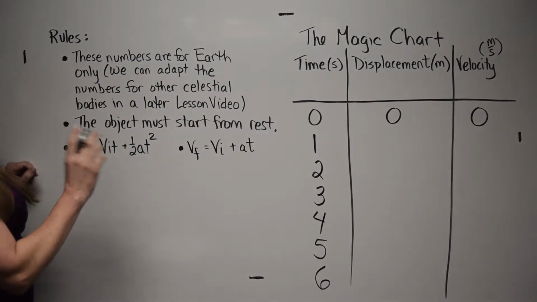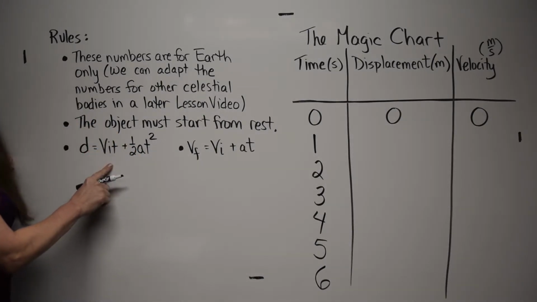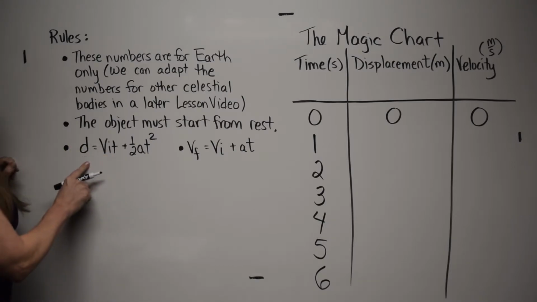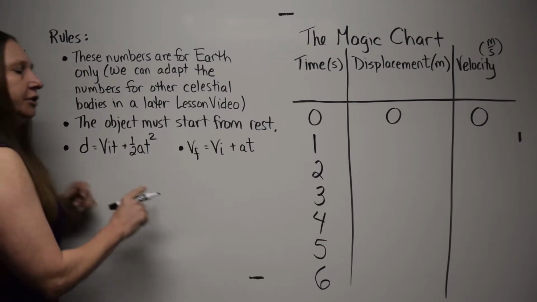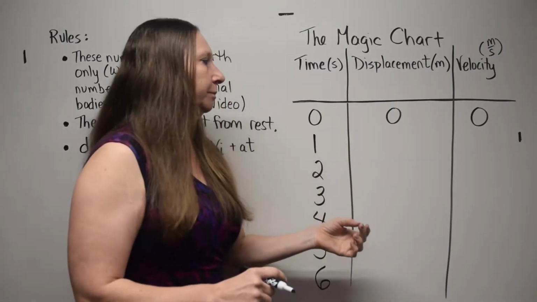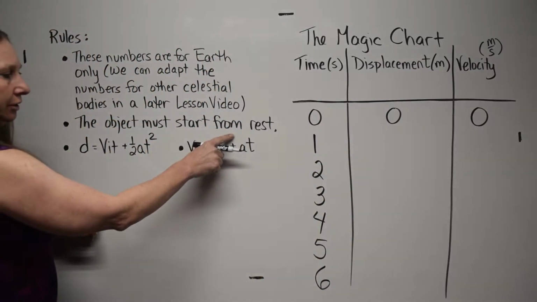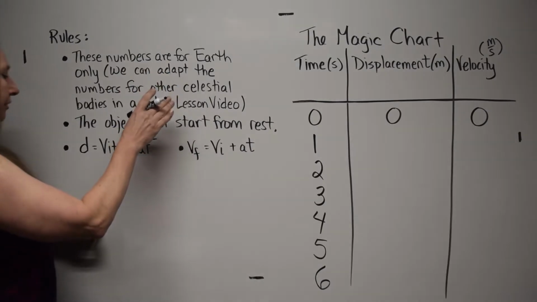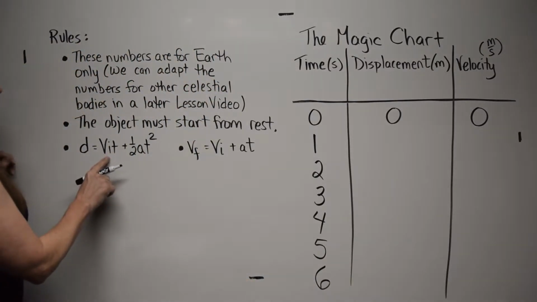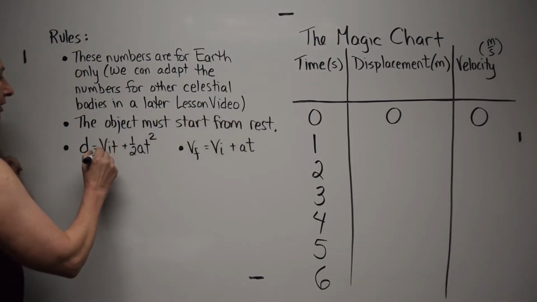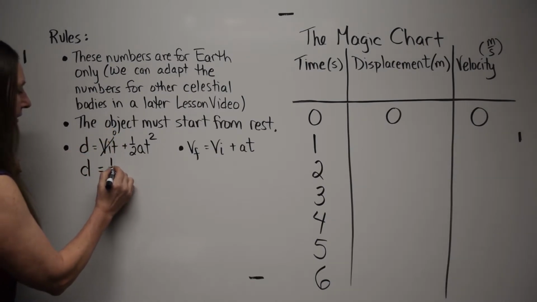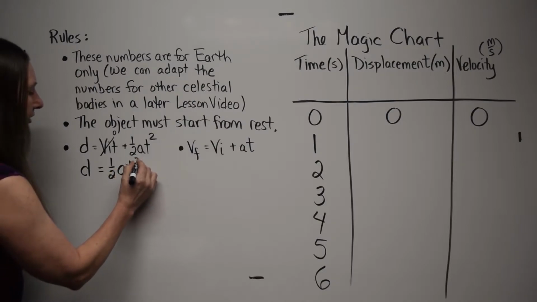Now, you've got an equation on your reference tables. It's on the mechanics page, the displacement equation. Here it is. We can use this equation to figure out how far down an object falls when it's dropped from rest on or near the surface of the Earth, how far down it falls each second. Since it starts from rest, the initial velocity is 0. So the displacement, how far down it goes, is going to be 1/2 a t squared.